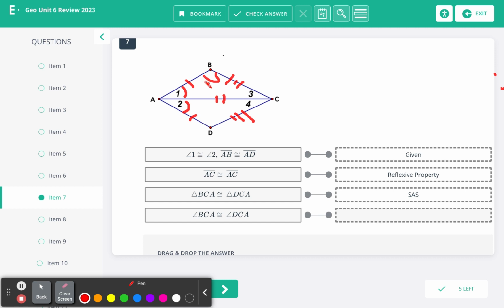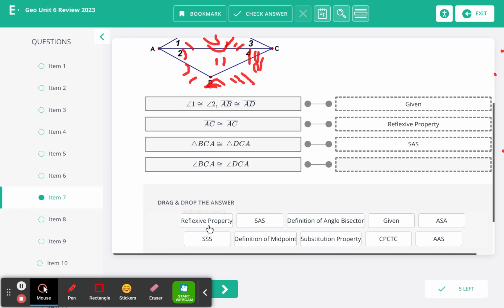Sorry, this is a little sloppy. You know those angles, B and D are congruent, and also our third pair over here are congruent. Okay, so angle BCA, that was that third pair, angle 3, and this is angle 3 and angle 4. These two angles are going to be congruent because of CPCTC.